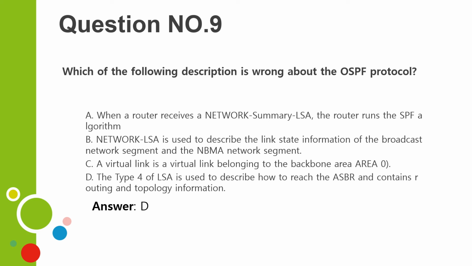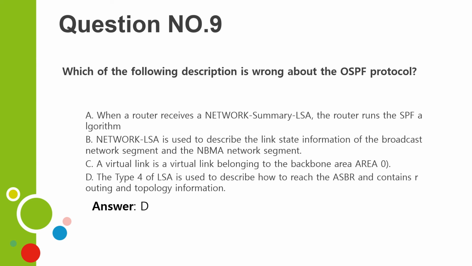Question number 9. Which of the following description is wrong about the OSPF protocol? A. When a router receives a network summary LSA, the router runs the SPF algorithm. B. Network LSA is used to describe the link state information of the broadcast network segment and the NBMA network segment.